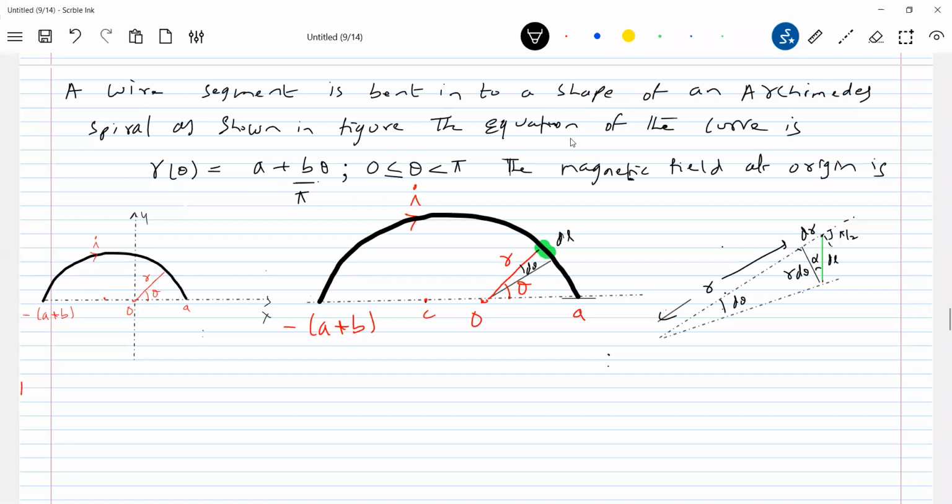Current I will be flowing. So what is the angle between the current element and the position vector r bar? The position vector will be like this, I dl will be like this. So what is the angle between the position vector and I dl? Alpha plus pi by 2. If you get this diagram, I think you could manage everything. So how to get that alpha? Further we'll try that.